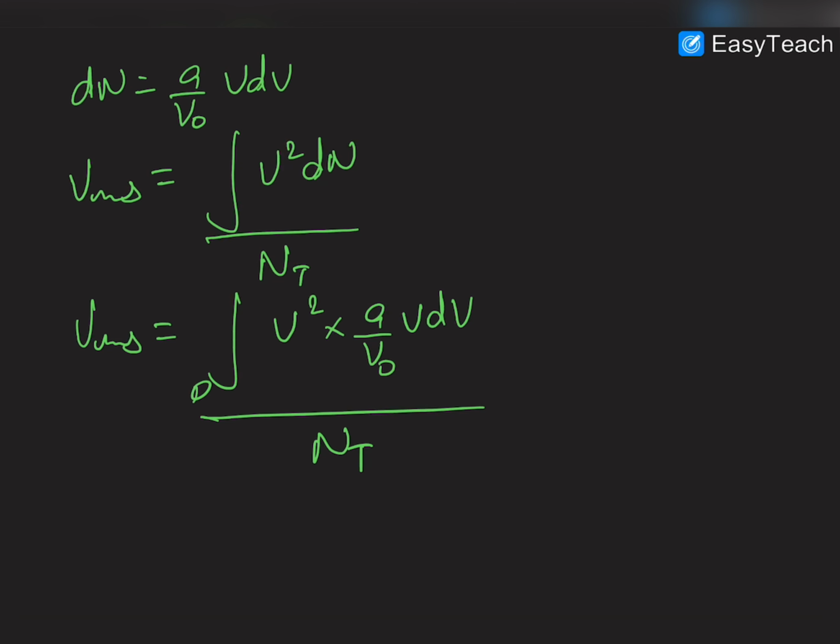The limit would be from 0 to V0, and the common term would be A by V0 N total, and integration would be V0 to the power 4 by 4.